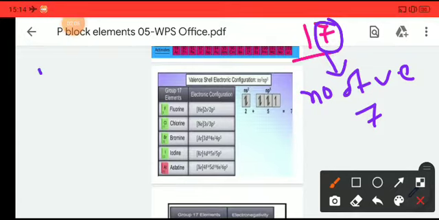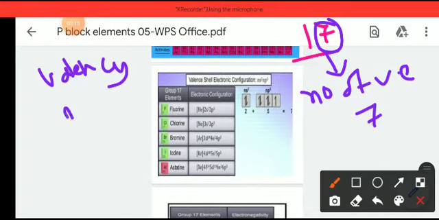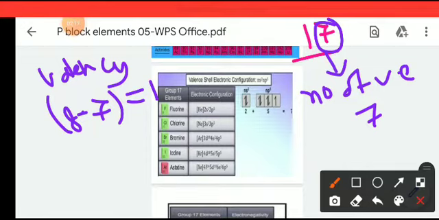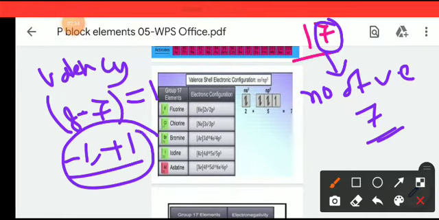The valency should be 8 minus 7, that makes 1. So the valency of halogens is 1, and the number of valence electrons is 7. In case of halogens, the oxidation state generally ranges from -1 to +1.